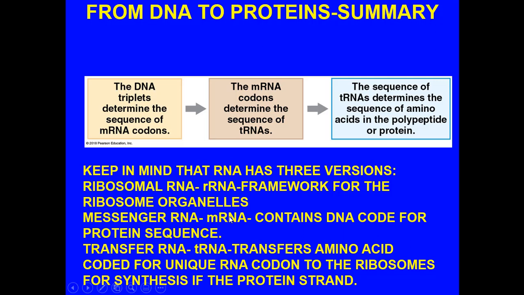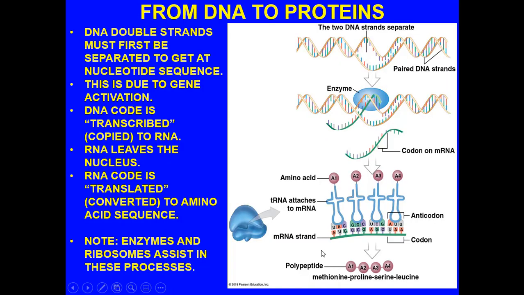Messenger RNA, mRNA, contains the DNA code for the protein sequence. Transfer RNA, tRNA, transfers the amino acid code for a unique RNA codon to the ribosomes for synthesis of the protein strand, okay?